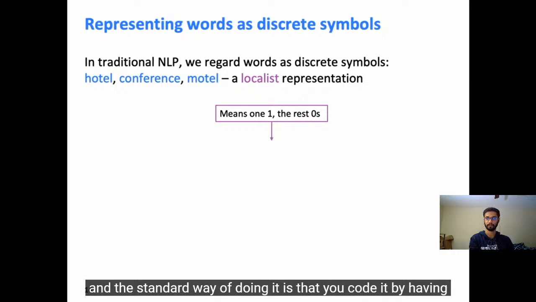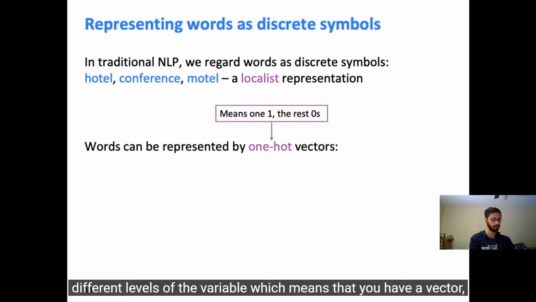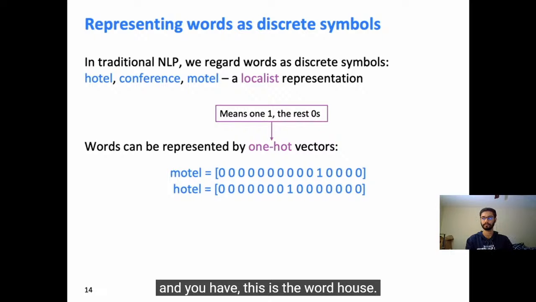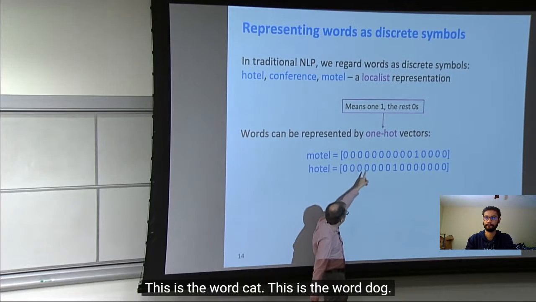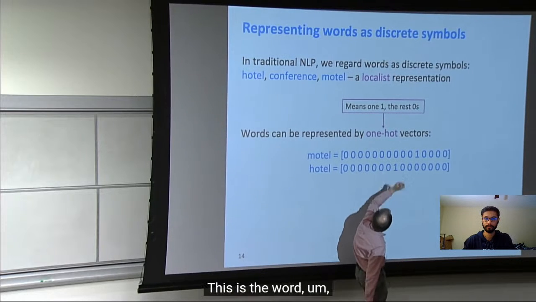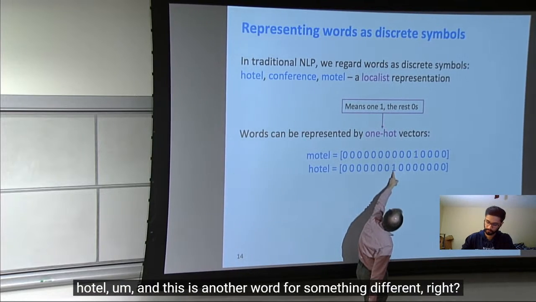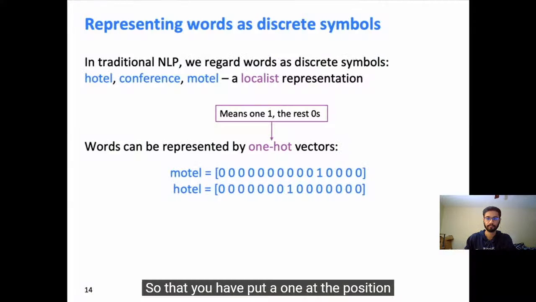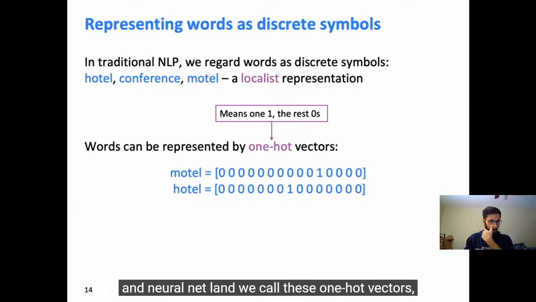And the standard way of doing it is to have different levels of the variable, which means that you have a vector, and this is the word house, this is the word cat, this is the word dog, this is the word sumptuous, this is the word agreeable, this is the word hotel, and this is another word for something different, right? So you put a 1 at the position, and in neural net land we call these one-hot vectors, and so these might be our one-hot vectors for hotel and motel.